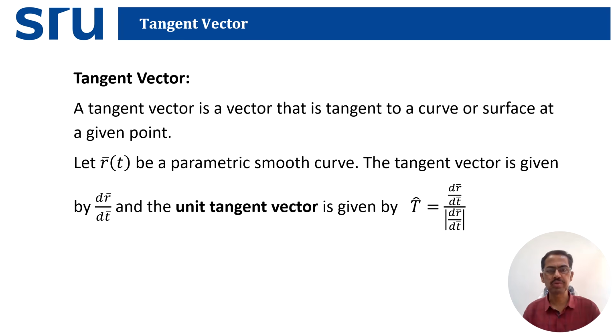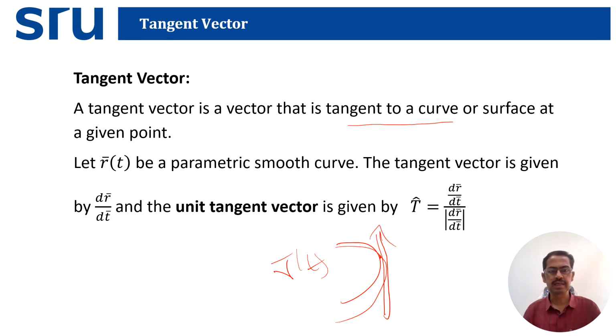Next, the tangent vector. A tangent vector is a vector that is tangent to the curve, it just touches the curve in a particular direction. So r bar of t is a parametric smooth curve.